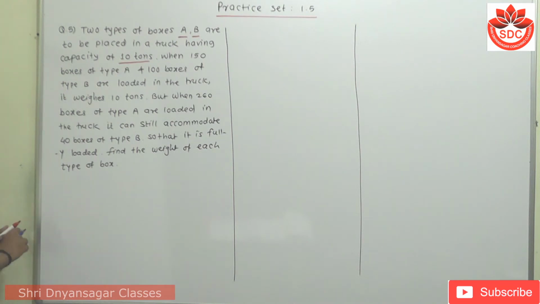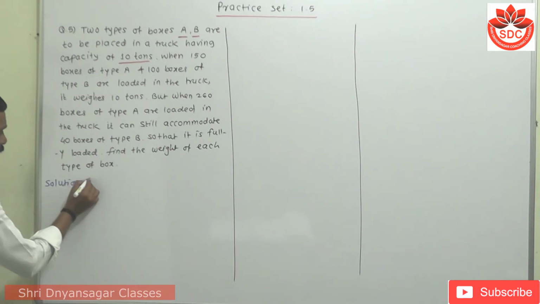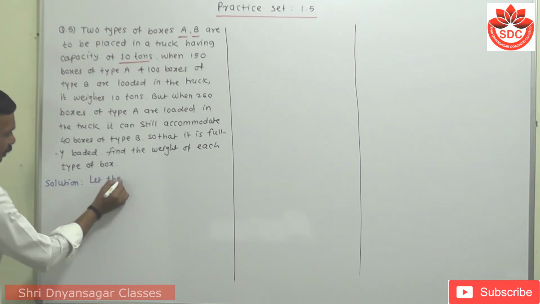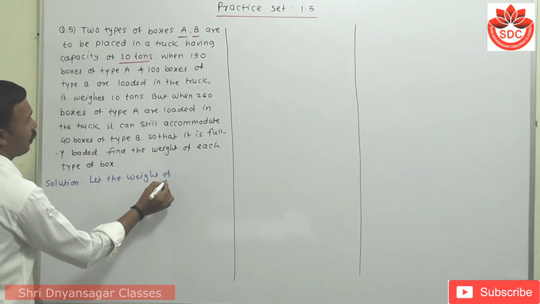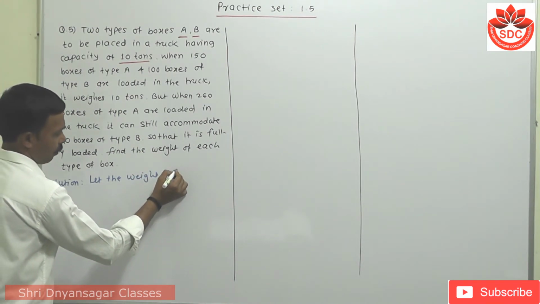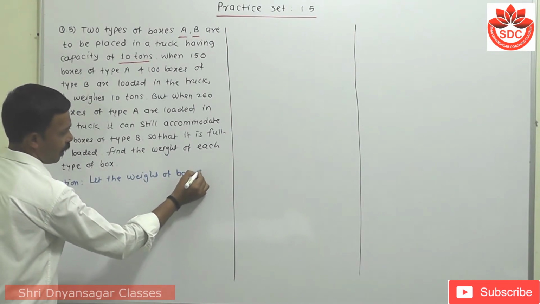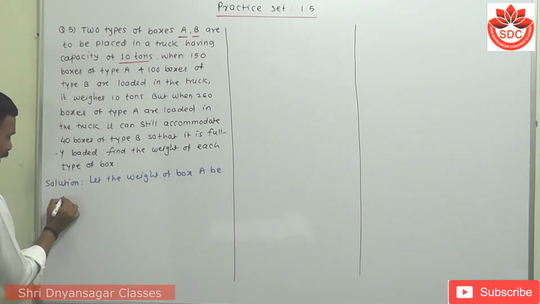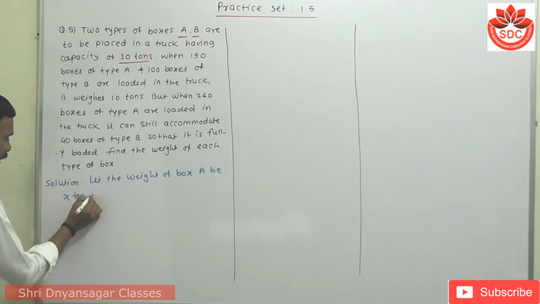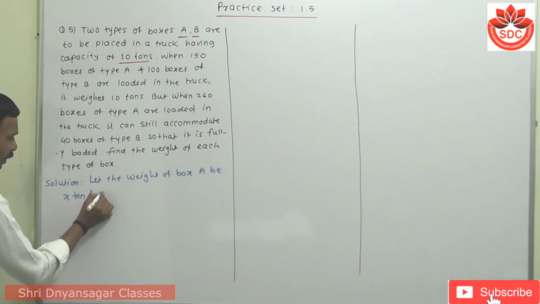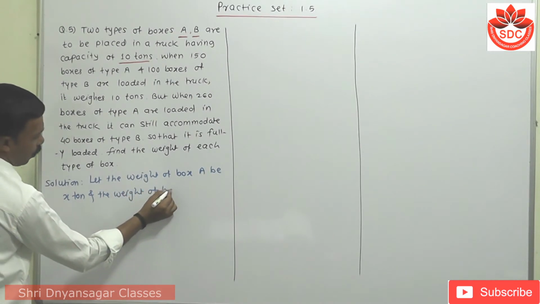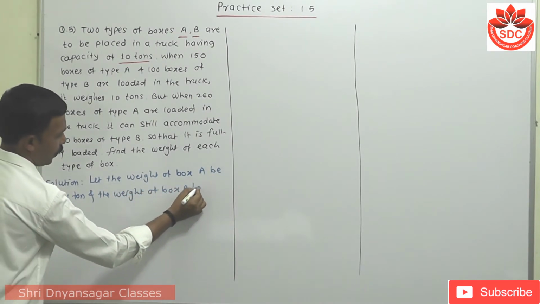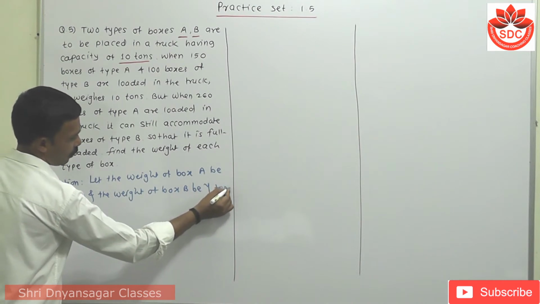Let solution: let the weight of box A be x ton and the weight of box B be y ton.